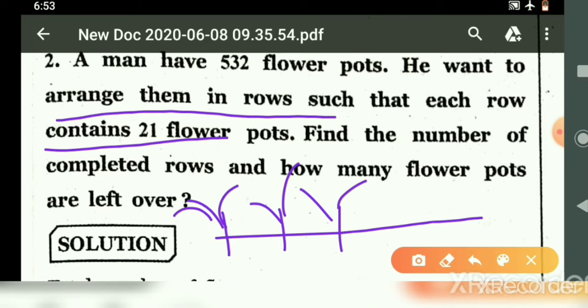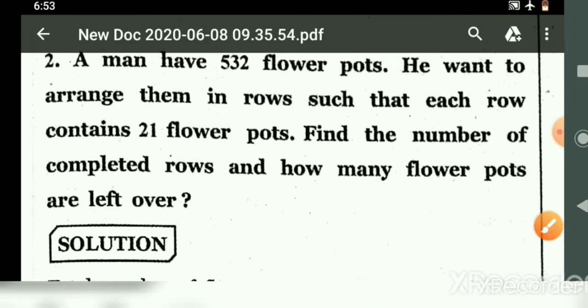In this question, using Euclid's lemma, 532 is divided by 21. The quotient is the number of rows and the remainder is the leftover.